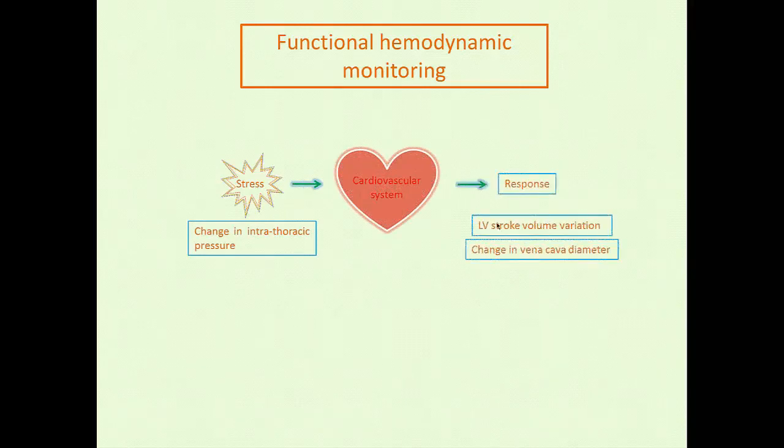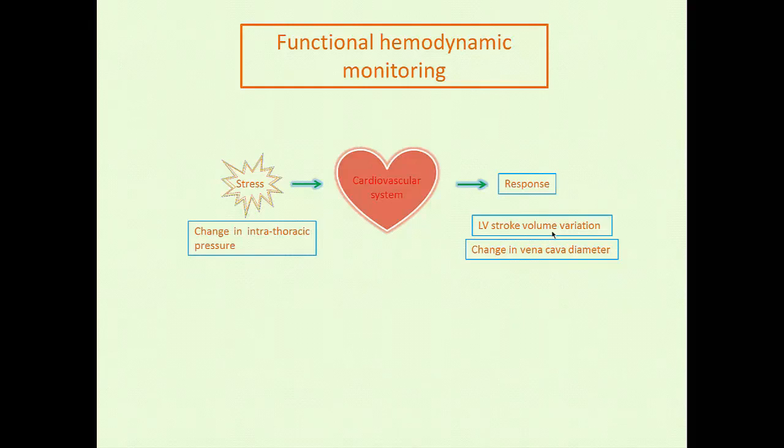And what we look at is stroke volume variation, and there's a whole bunch of different ways to measure stroke volume variation. For example, a surrogate of stroke volume variation is systolic pressure variation, pulse pressure variation, the change in the velocity time integral out of the aortic outflow tract. Aortic pulse contour analysis is another surrogate of stroke volume variation.